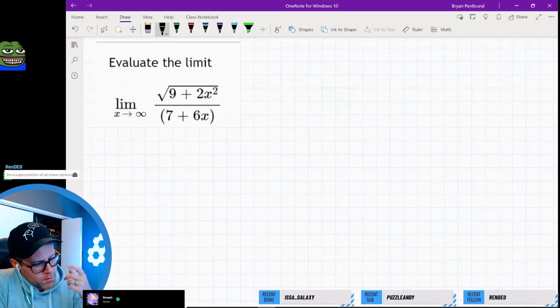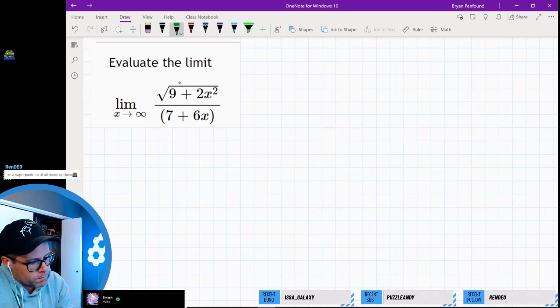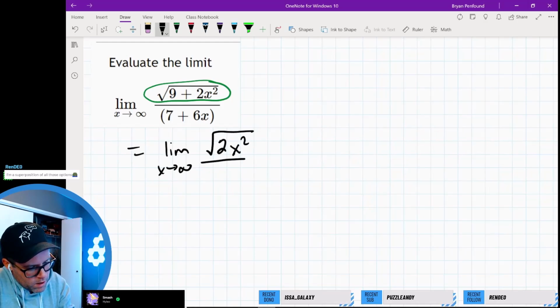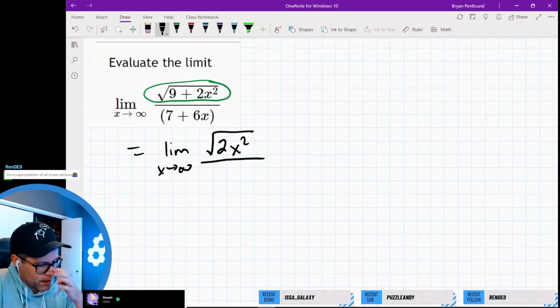What's this going to be? This is going to be 2/6, isn't it? So can't we just grab the... So we look at the numerator, and we look at the highest power of x in the numerator. It's the square root. Oh, no, it's root 2. So we can take that highest power. So we can do a dominant terms analysis. We can take our 2x squared under the root. So that's going to be our dominating piece in the numerator.